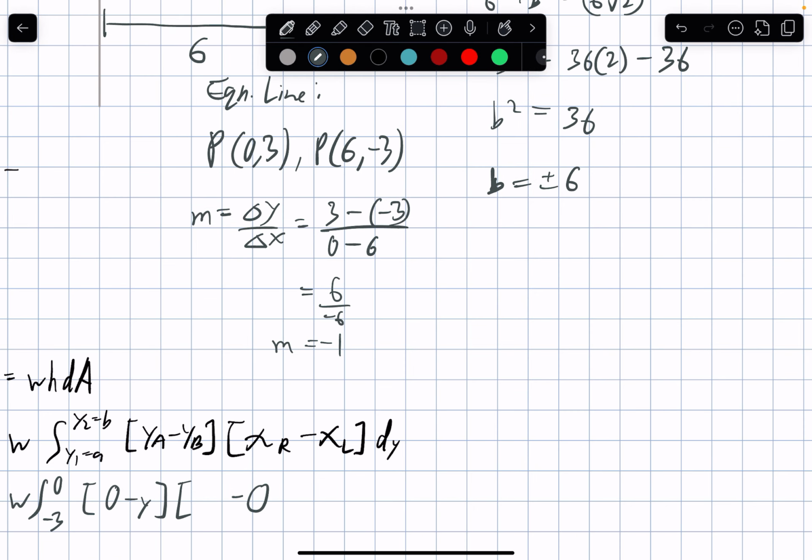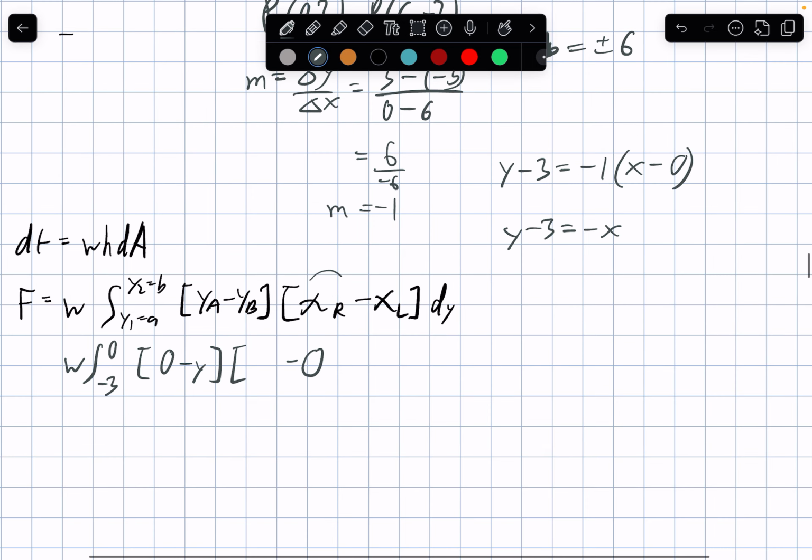So we're on the right track. So point slope form, I believe, y minus, let's use this point, y minus 3 equal to -1, that's the slope, x minus 0. Y minus 3 equal to -x.